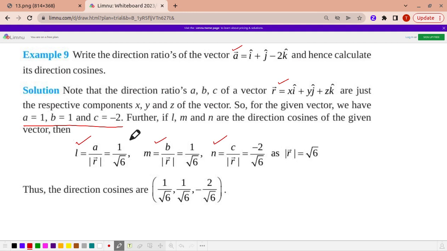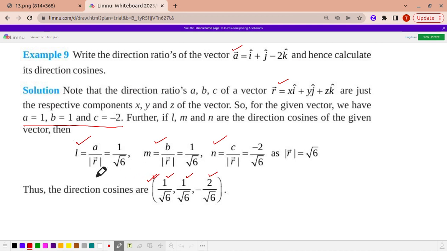Now, to make sure that we found the direction cosine correctly, if we take the square of this component plus this component plus this component, we must get 1. Obviously, square of 1 by square root of 6 plus square of 1 by square root of 6 plus square of minus 2 by square root of 6 will give you 1, and it gives us confidence that we found the direction cosine correctly.